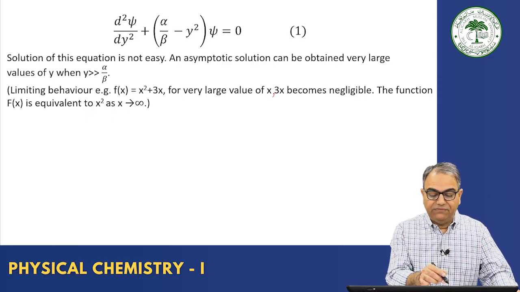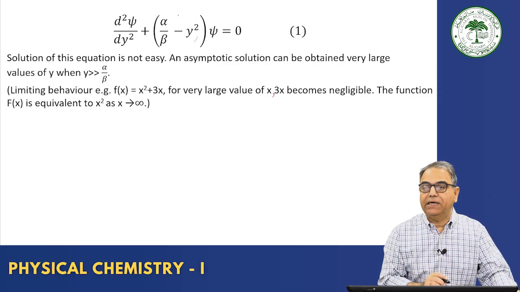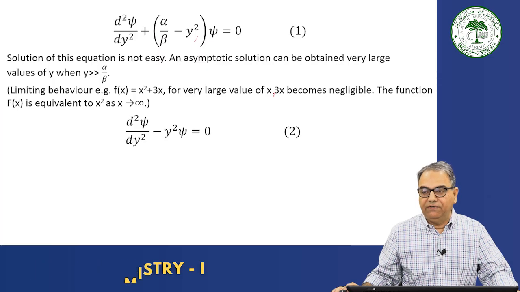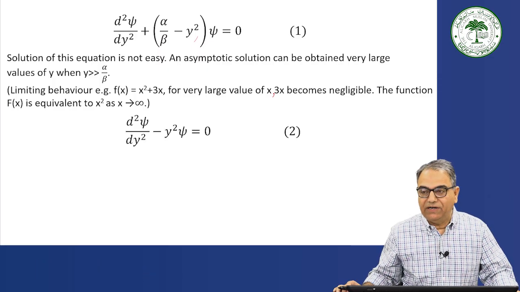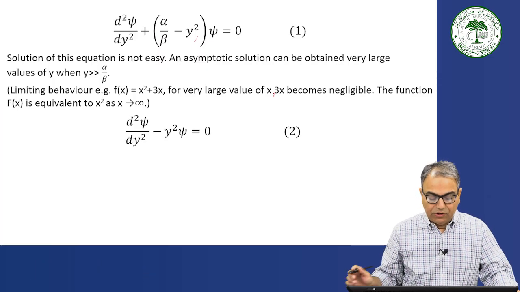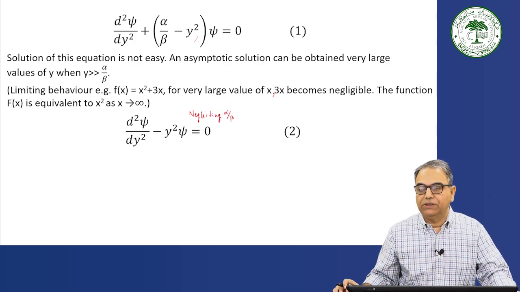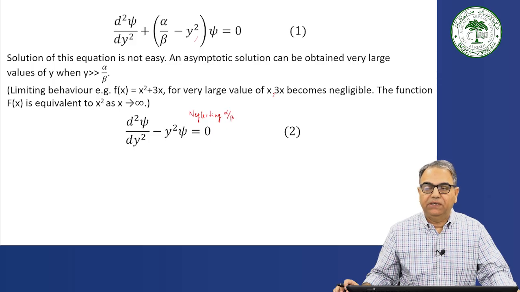So for very large value of y, alpha divided by beta can be neglected, and then the solution becomes easier, with which you are already aware. Because we have neglected alpha divided by beta, we get this particular equation, d square psi by dy square minus y square psi.